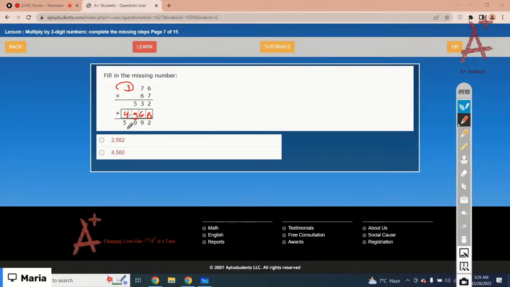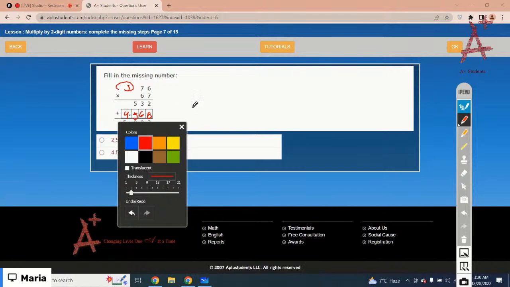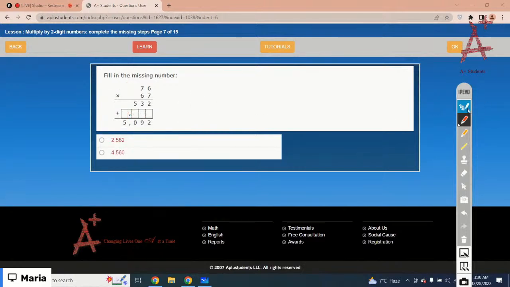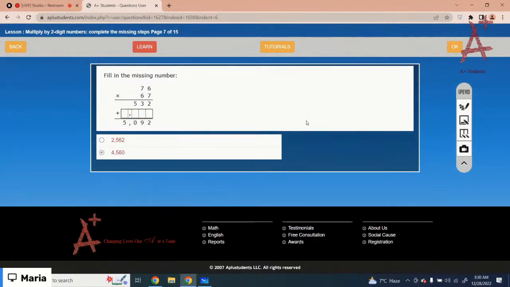The correct option is 4560. Just select the correct option, then click on the OK button.